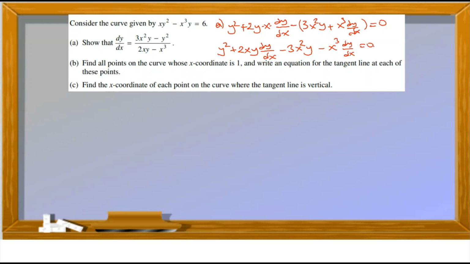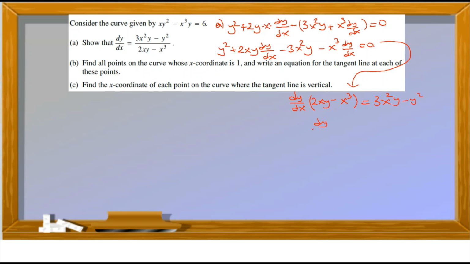What I'm going to do is combine all the terms with dy over dx. When I factor out dy over dx, we get 2xy minus x cubed. I'm also going to move the other expressions to the right-hand side, so we get 3x squared y minus y squared.